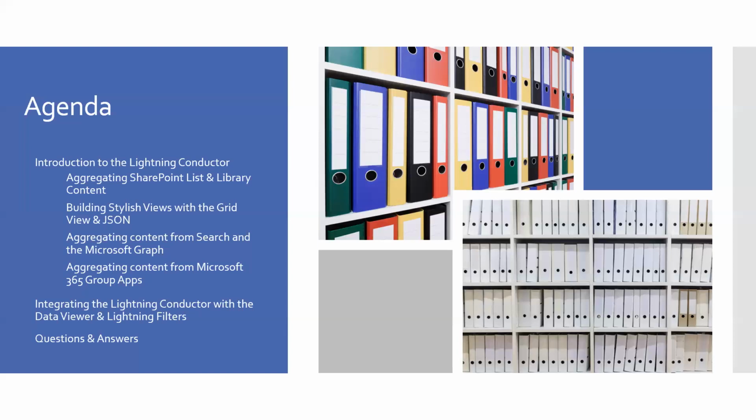So we'll jump into the Lightning Filters and show you what can be accomplished using that, and also how we can use the Data Viewer, another product, to chart on some of the content that has been aggregated through the Lightning Conductor as well.